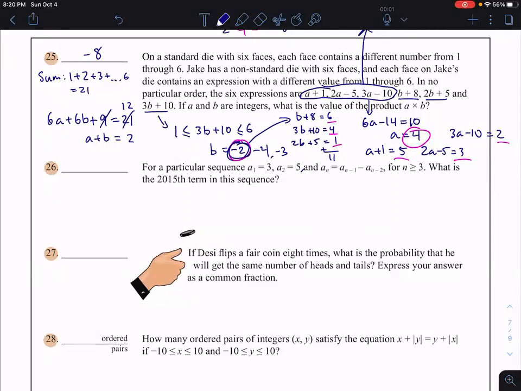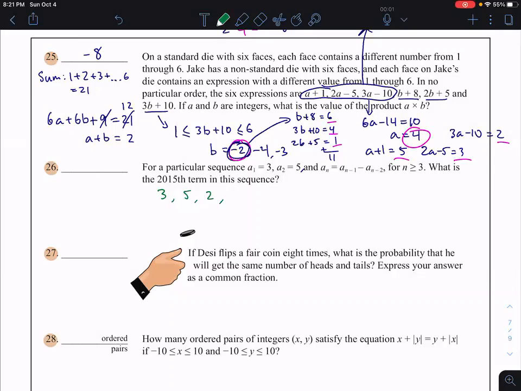Okay, 26. Let's use a different color. We're going to find the 2015 term, and let's just look for a pattern first. So you know that A1 is 3, A2 is 5, and A3 will be equal to 5 minus 3, that's 2.